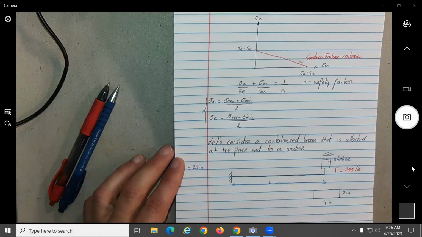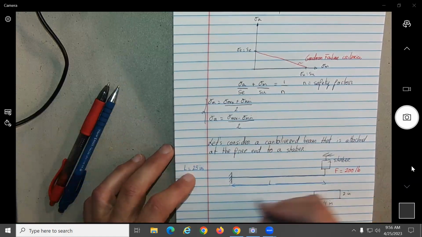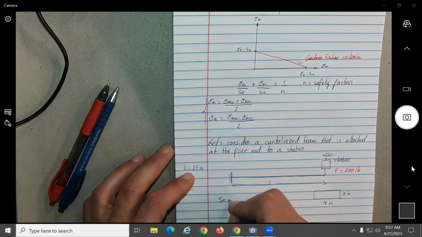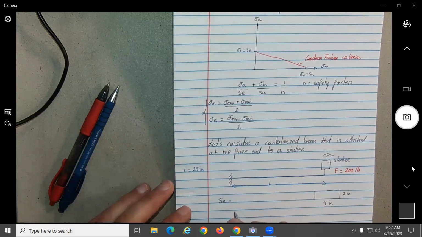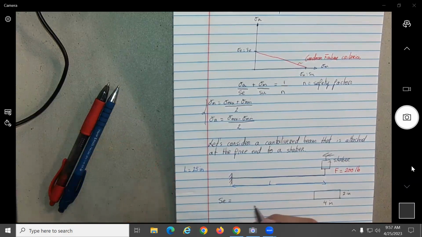I wanted to add another force, but I don't want to add too much, okay? It might take too long. So now for the Goodman, let's say that we know here, let me take some data from another problem. The endurance, let's say, is 20 KSI.